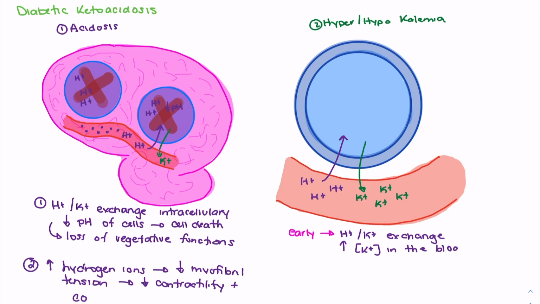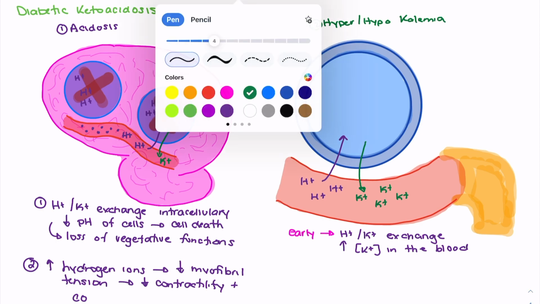Now, the problem with this is that we know this patient is urinating excessively. So one of the challenges is that eventually what's in the blood will be lost to the urine in someone who's experiencing DKA. As this potassium circulates to the renal tubules, it's essentially lost to urine.